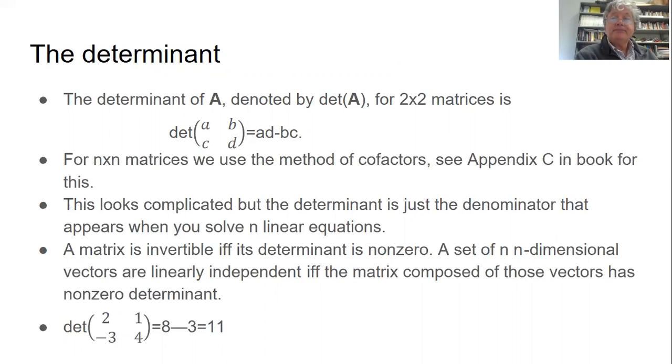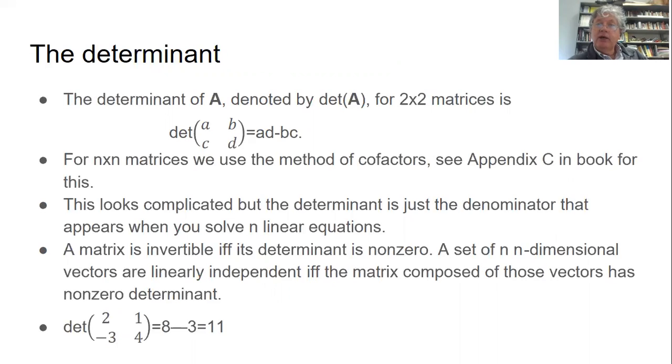A fact you should take from me is that a matrix is invertible if and only if its determinant is non-zero. That makes sense: if the determinant is non-zero, the denominator is non-zero, so the formulas for the solutions to your system of linear equations exist.